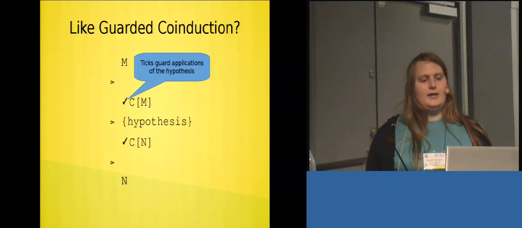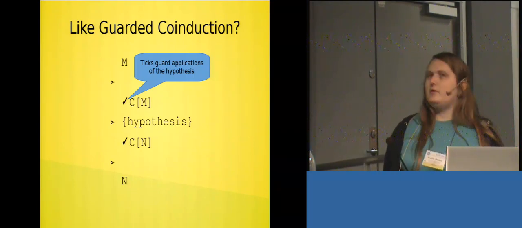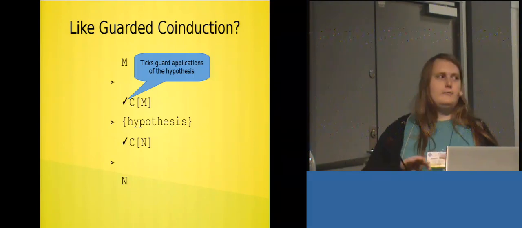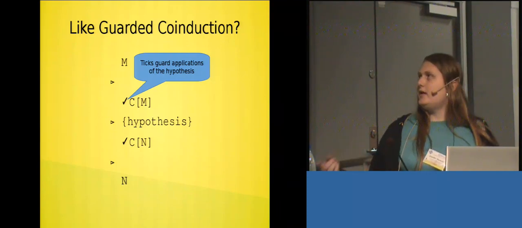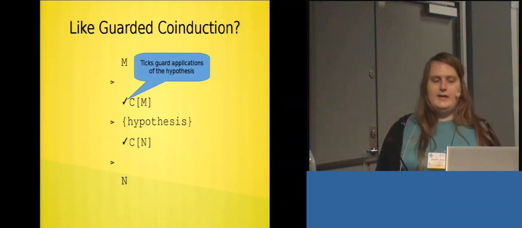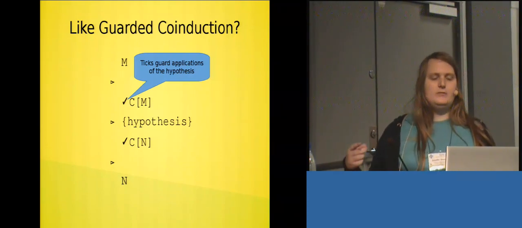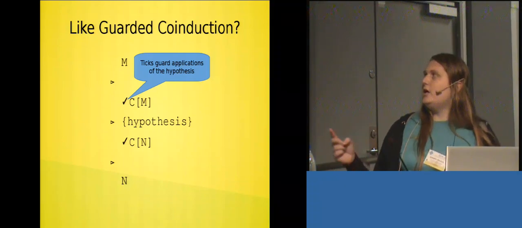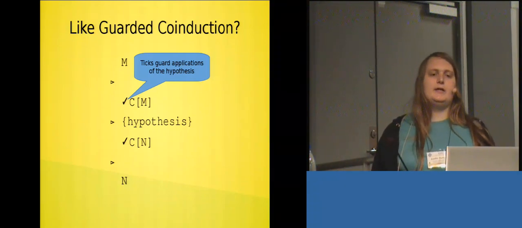So it's like guided co-induction because it involves taking a term, unfolding it to the point where it has itself in there, making a substitution and folding it back up, and that substitution is valid as long as it's guarded. In this case, it's guarded by a tick.